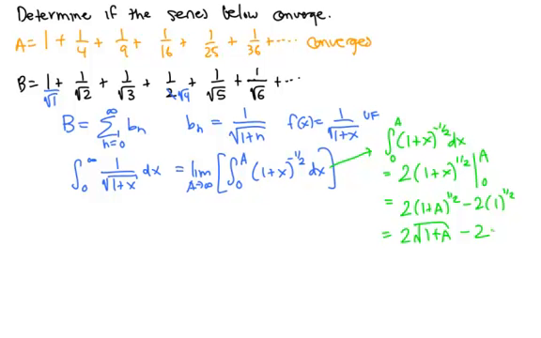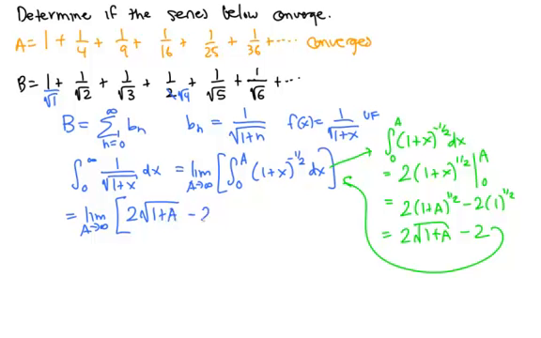If we take that information and plug it back into here, we now need to compute the limit as a tends to infinity of the expression 2 times the square root of 1 plus a minus 2. If we let infinity go into there, we're going to get 2 times the square root of infinity minus 2, but that's a giant number. And since we get an infinity, we know that this limit diverges.